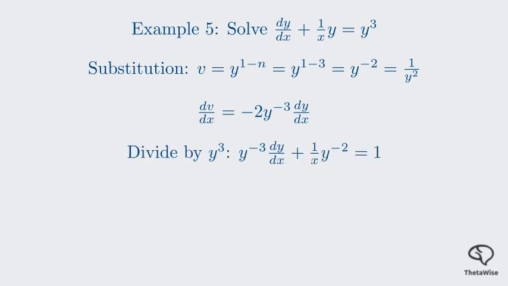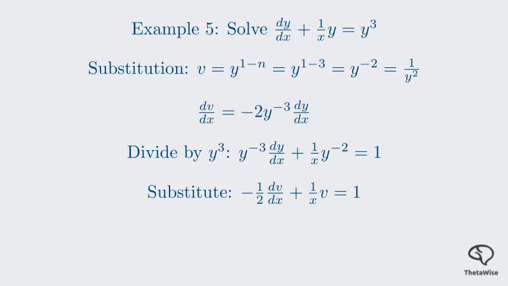This gives us y to the negative 3 times dy/dx plus 1 over x times y to the negative 2 equals 1. Now we substitute. Notice that y to the negative 3 times dy/dx is negative 1/2 dv/dx. So our equation becomes negative 1/2 dv/dx plus 1 over x times v equals 1.